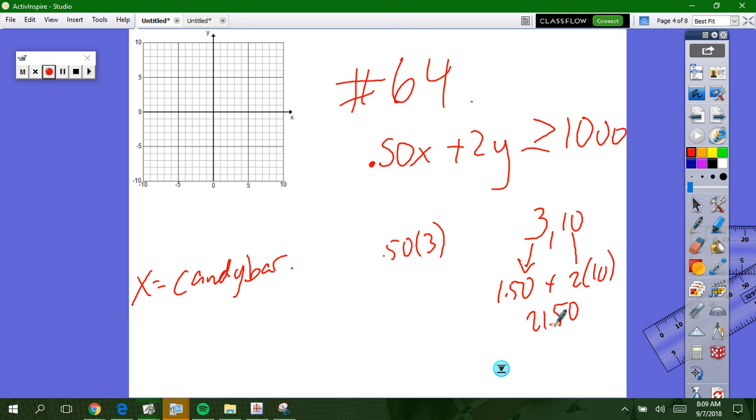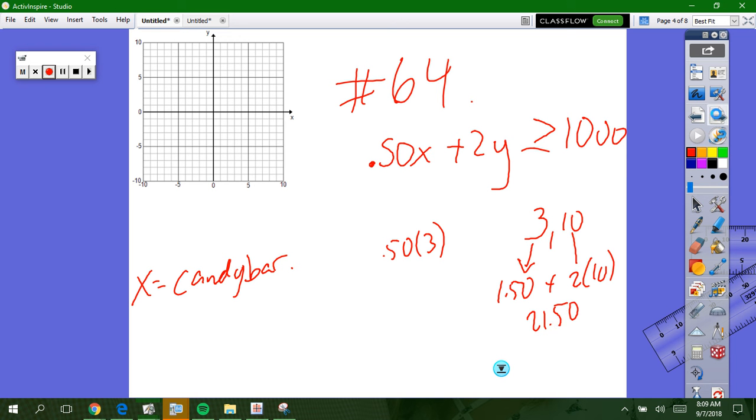Sometimes if you're struggling, pick a point, write it up, and just think about your thought process, and then take out the point that you used and put variables instead. With me on that? Notice he said 50 cents times 3, that's how he got his $1.50. $2 times 10 got him his 20 bucks, and then he added those together. There's your equation. Okay?